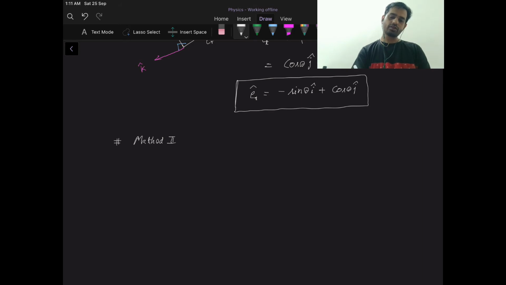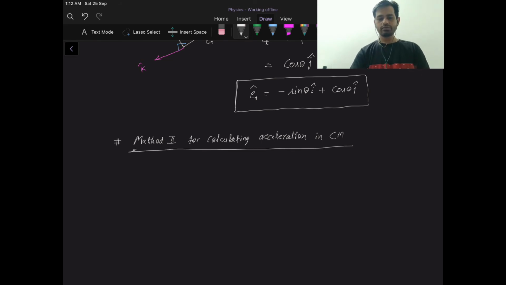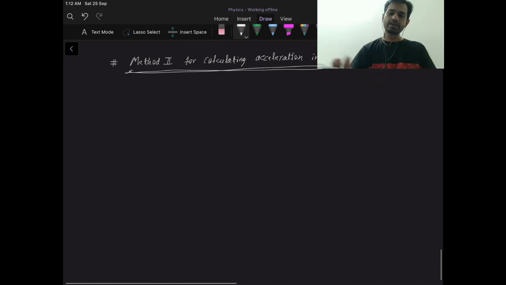Second method for calculating acceleration in circular motion. Now we will see the second method for calculating acceleration in case of circular motion.